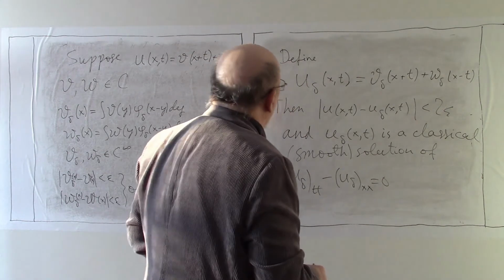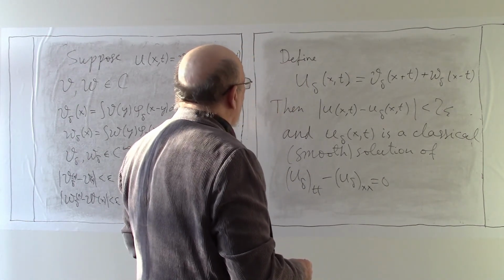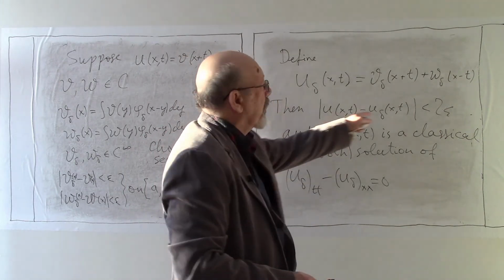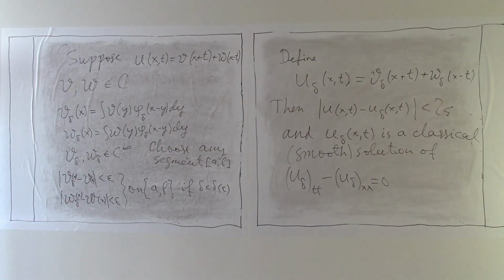It is smooth, and if you substitute it into the equation, we get 0. That's it. So we restored, I would say, the honor of this solution.